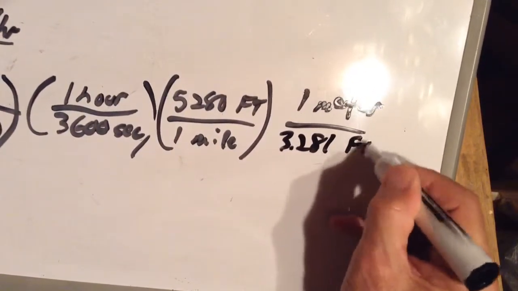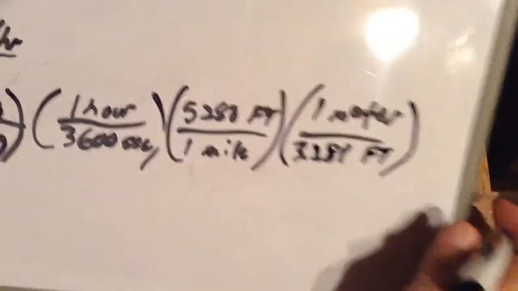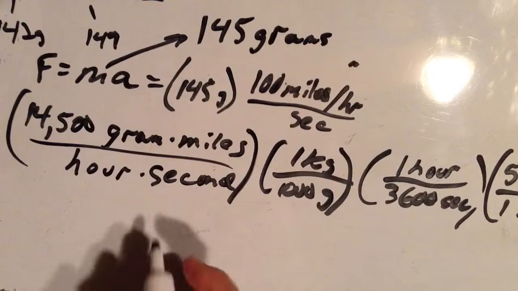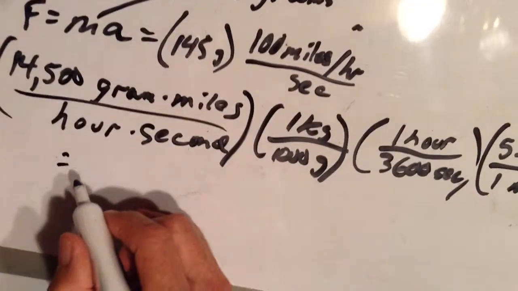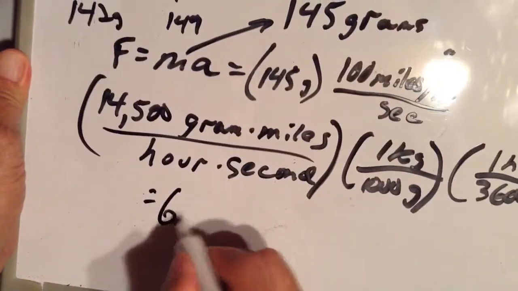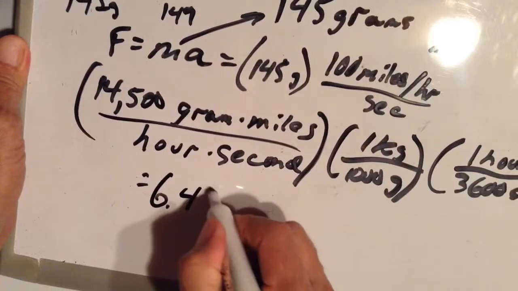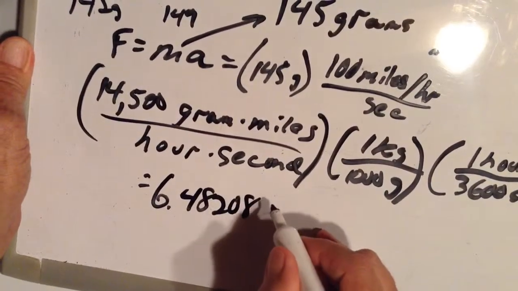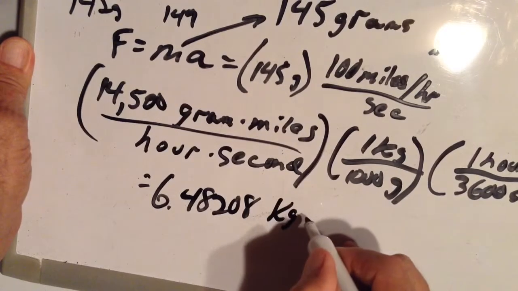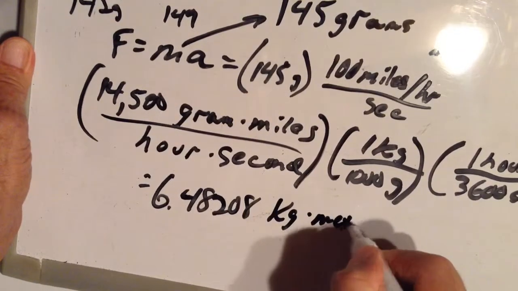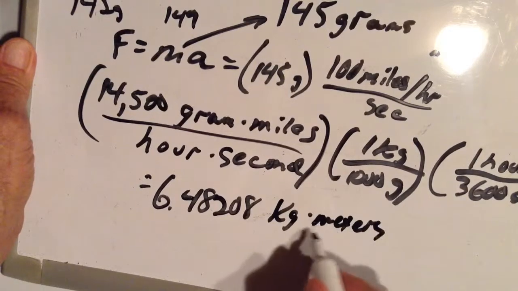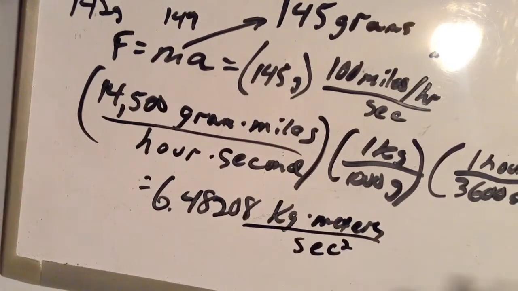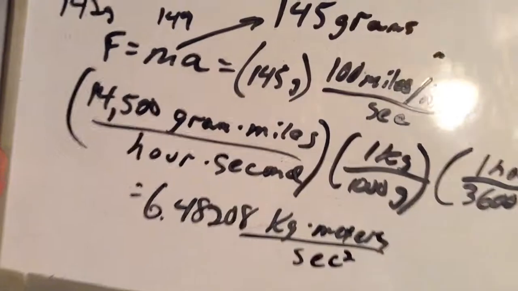What we then have is 6.48208 kilogram meters per second squared.